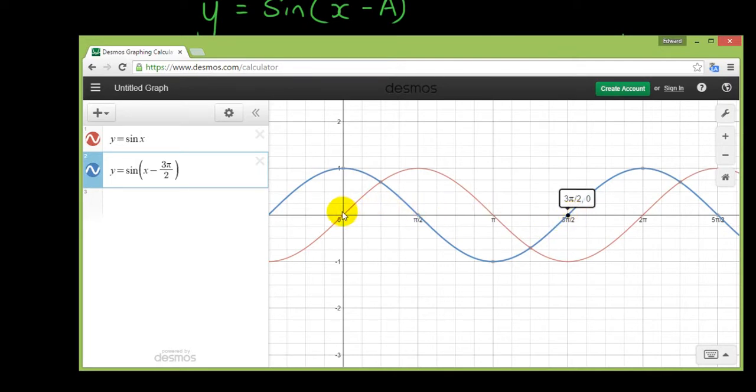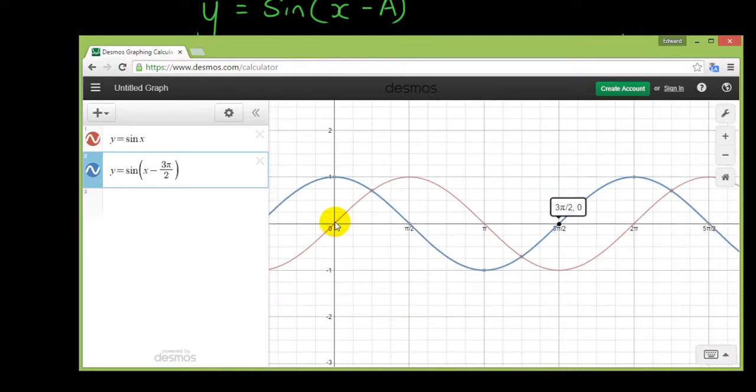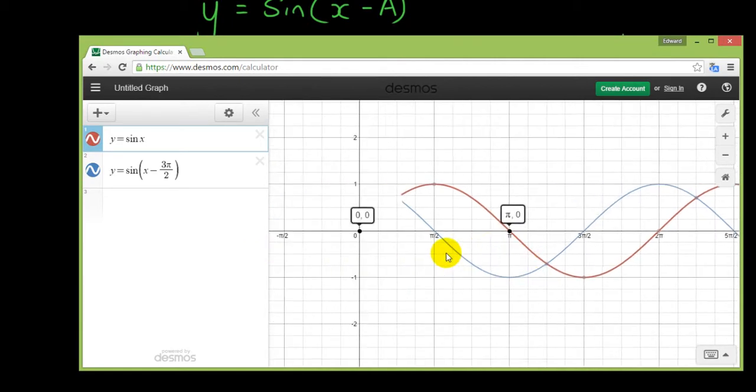So it has shifted to the right by 3 pi over 2 units. Originally the dot is here, I've shifted it over here, and it goes up and then down, the same shape as the normal sine curve.